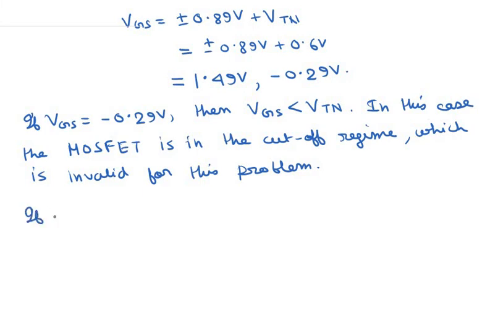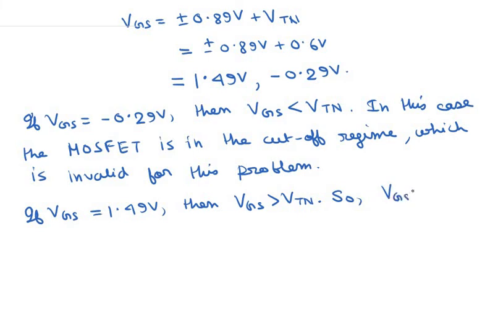On the other hand, if VGS is equal to 1.49 volts, then VGS is greater than VTN. So the MOSFET in this case is in a conducting state. So VGS equal to 1.49 volts must be the correct solution.